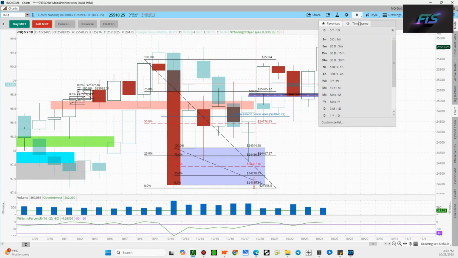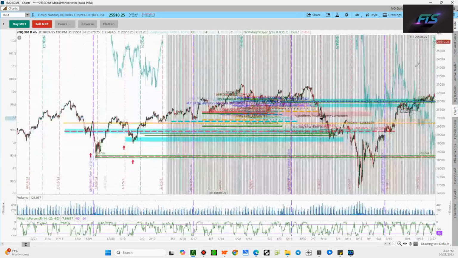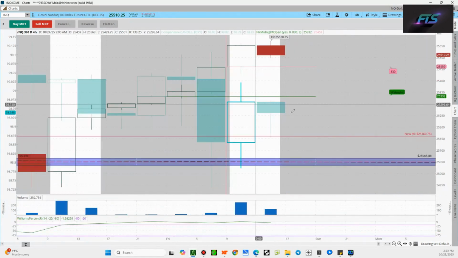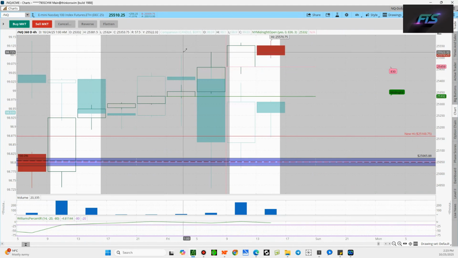So what I think may alleviate some of the pain is what I can show you right here. If you take a look here, I break it down into the 4 hour. You can use this, especially if you wake up early in the morning and you're like, you know what, I don't know what's going on, and there are no other indications here.